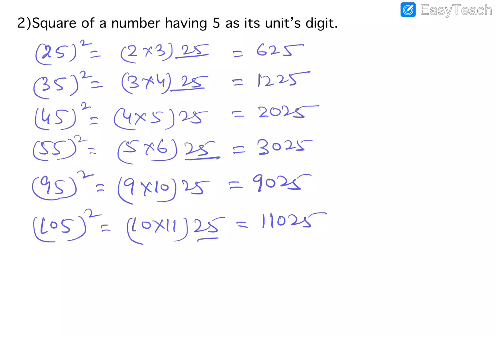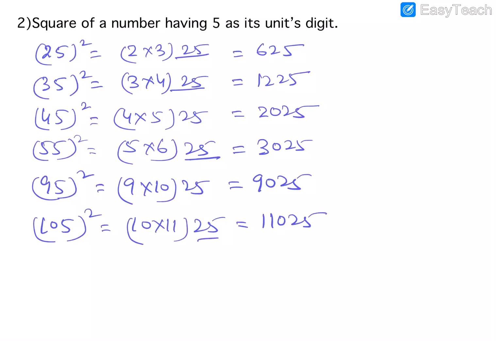So the method is: write this number here, then one more, that is 2 plus 1, that is 3. Multiply these two numbers and write here square of 5, which is 25. So this is 2 into 3, 6, then 25.